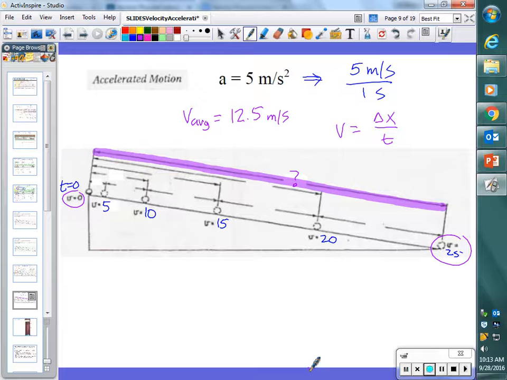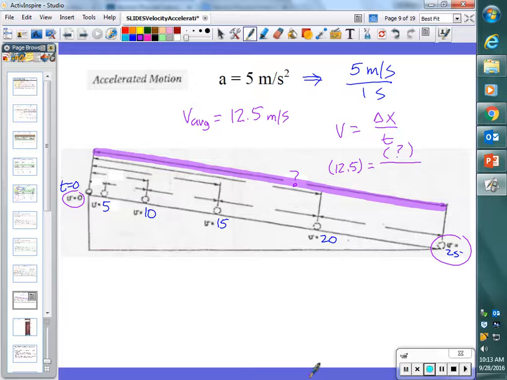Yes, so far? Okay. What if we calculated the average velocity the entire time this ball is rolling down the ramp? 12.5. So I'm going to plug in 12.5 here. I don't know how far the ramp is, so I'm going to plug a question mark in there. But here's where it becomes a little different.